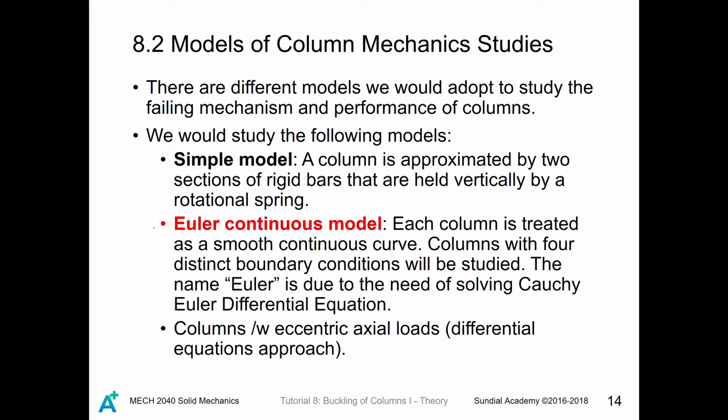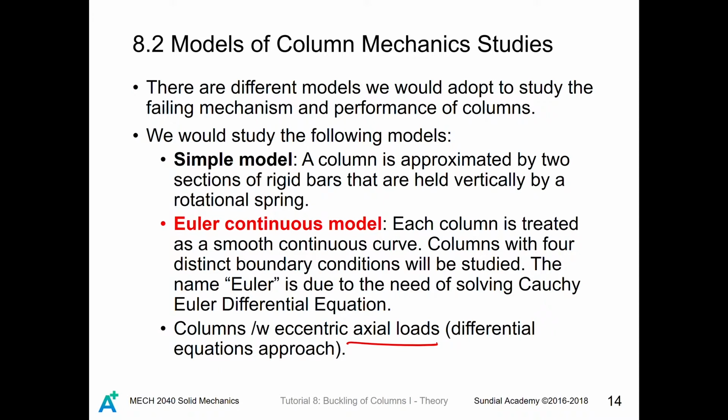Basically, the last two categories are similar, they are all continuous models, but for the third case, there are some eccentric axial loads. For this, I will not prove it for you. It is left to you as an exercise. As long as you are solving the differential equations correctly, I believe you can get the results correctly.